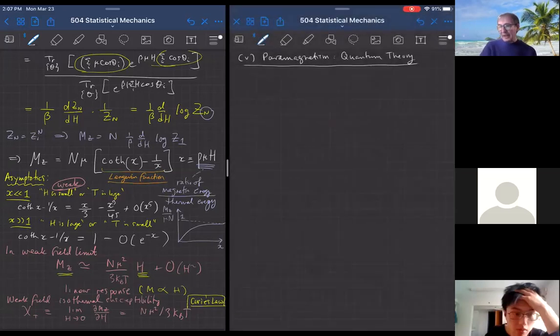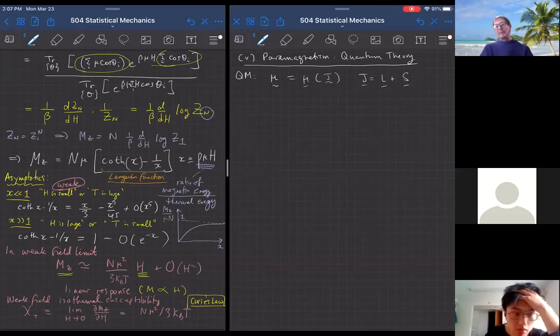Let me summarize some of the results that you may have seen from atomic physics. I'm not going to go through them in detail; they're in most quantum mechanics textbooks. The main point is that the magnetic moment is a function of the total angular momentum state, where J is L, the orbital angular momentum, plus the spin angular momentum.